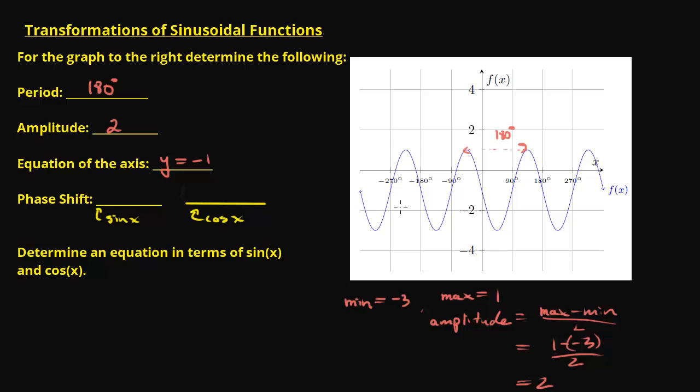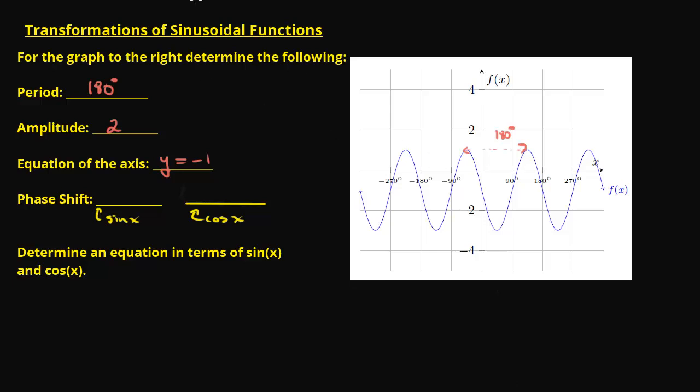The next thing we're going to try to figure out is the phase shift. If we use a sine function to model this curve, there's going to be a different phase shift than with the cosine function.